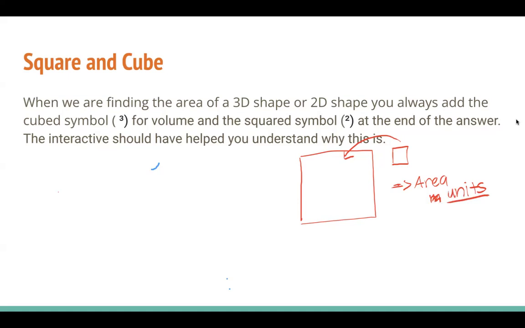Yes. Okay. So when you have these units, you have to be sure to add a square sign or a cube sign to the units.